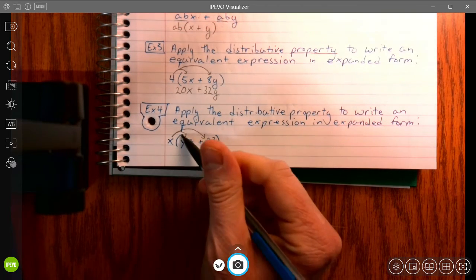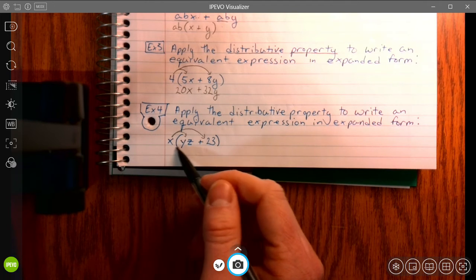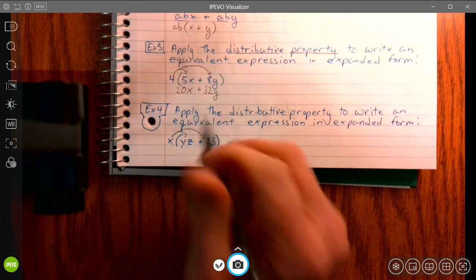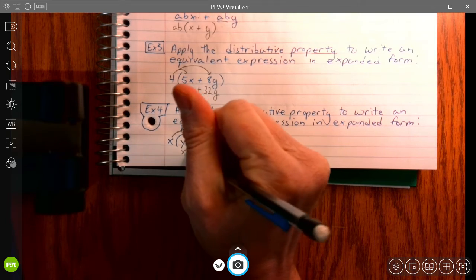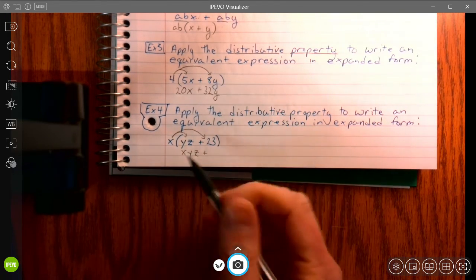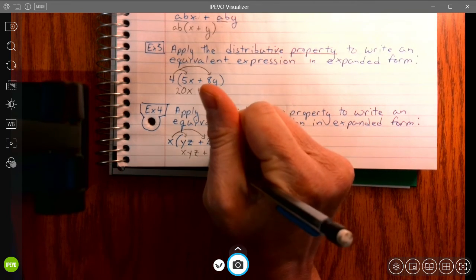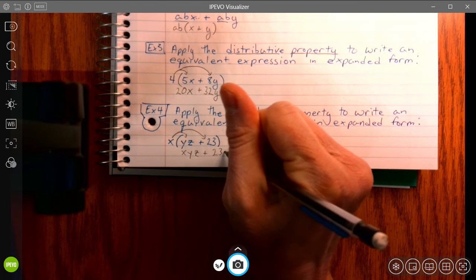Okay, the parentheses signify multiplication. So what is x times yz? Well, that's xyz. And what's x times 23? That's 23x.